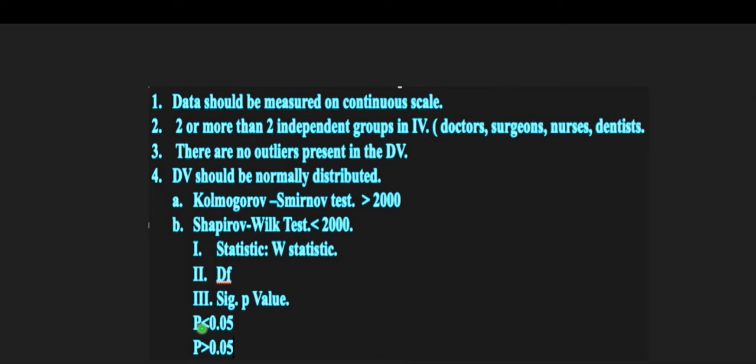If our p-value is less than 0.05, the data is not normally distributed, and if the p-value is greater than 0.05, the data is normally distributed. So this is what we are going to check there.